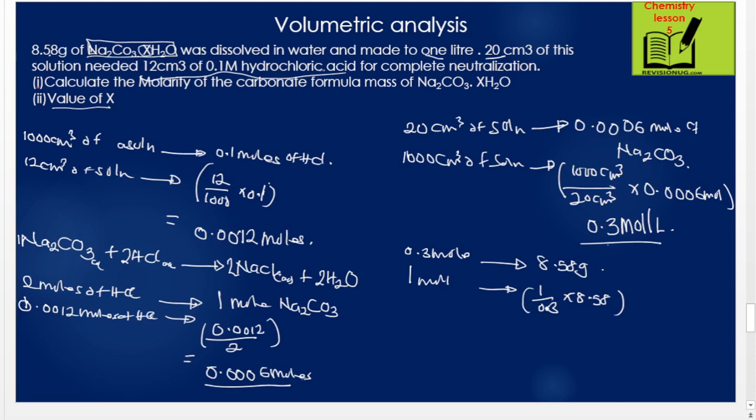So this is a point, don't forget. Let us compute this one. This is 1 divided by 0.3 giving us that one, then times 8.58.